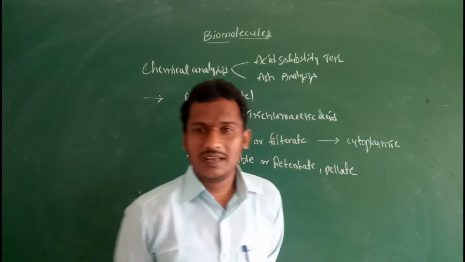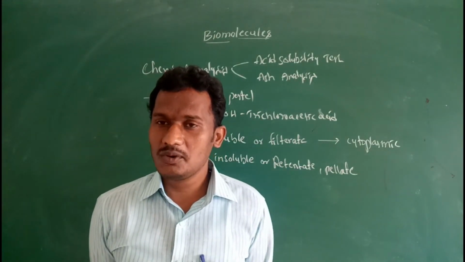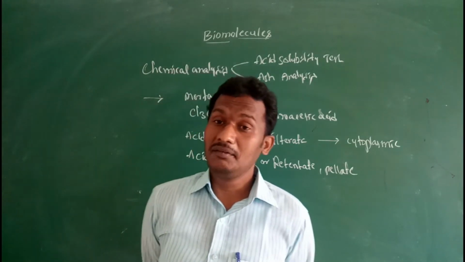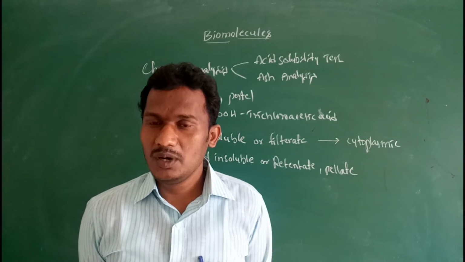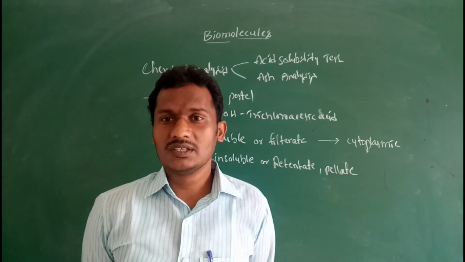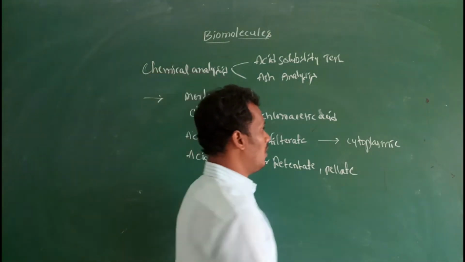The acid soluble fraction is nothing but the cytoplasmic composition without the cell organelles. Then, based on solubility, molecular weight and size of the compounds, compounds are of two types. These are biomicromolecules.